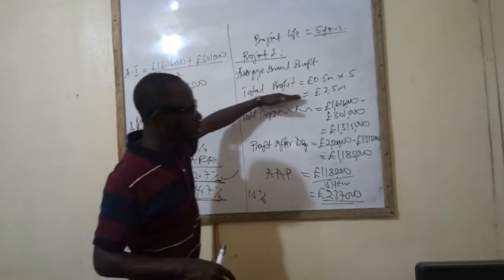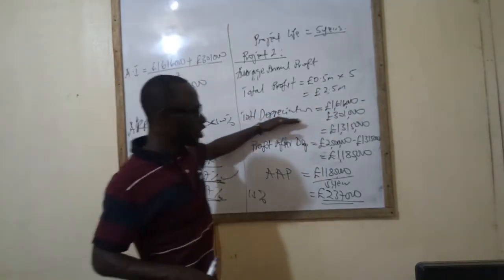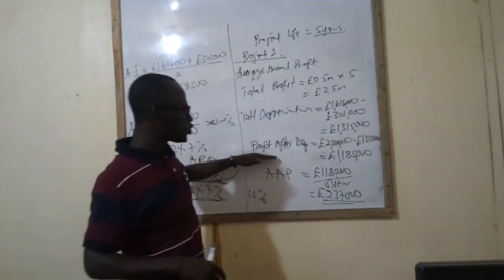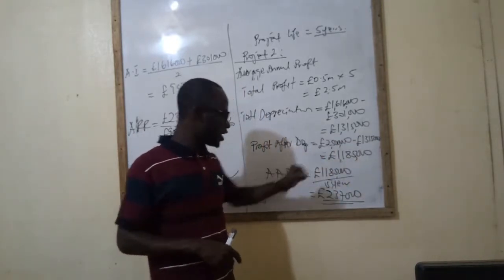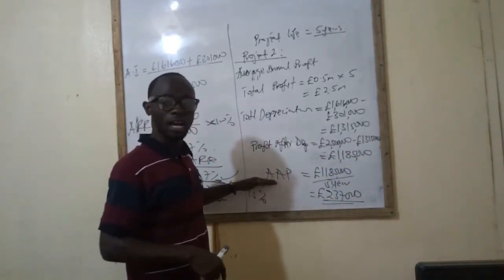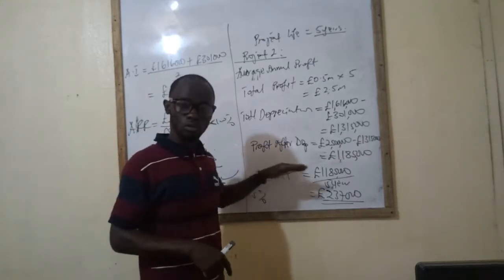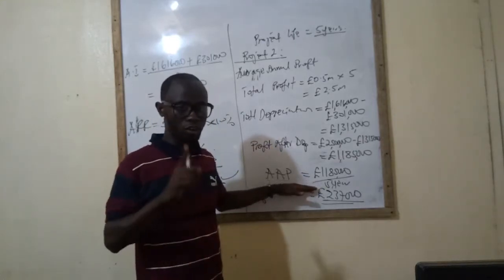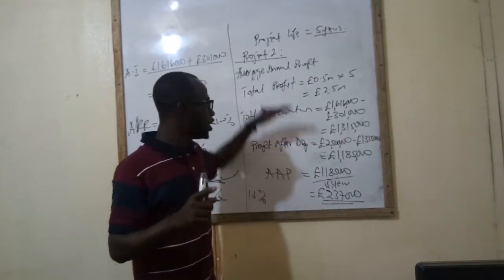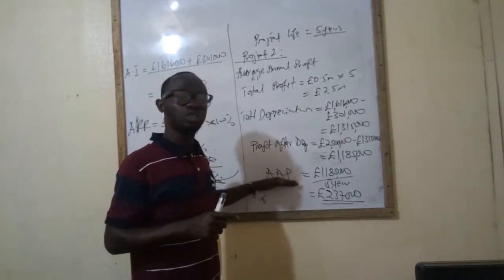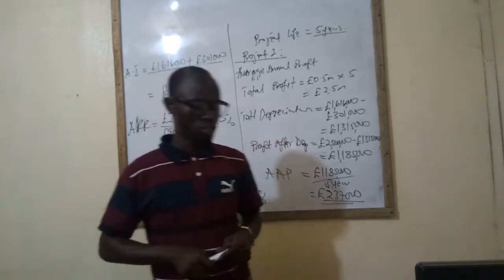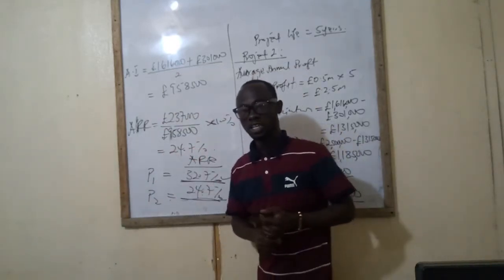You need to get your total profits, you need to get your total depreciation, then you need to get your total profit after depreciation. Once you have that, you now can calculate the average annual profit after depreciation. So very, very important in relation to that. So 3 steps before you come to what you want to calculate, then certainly you can calculate the average returns in that case.